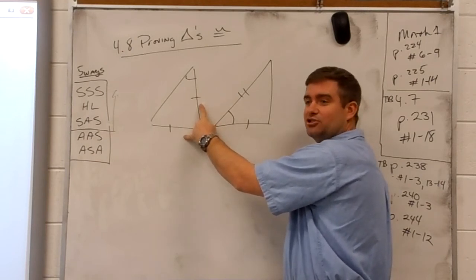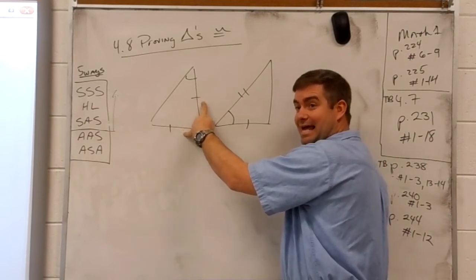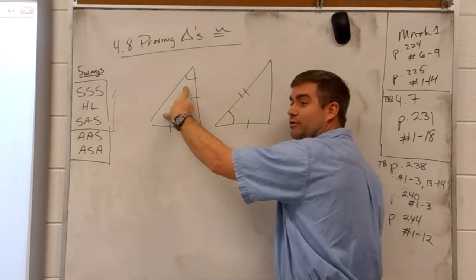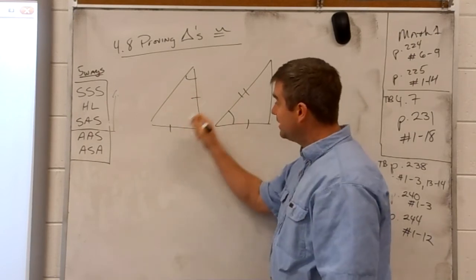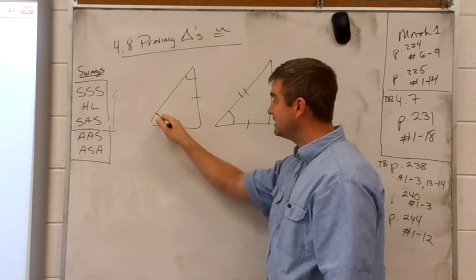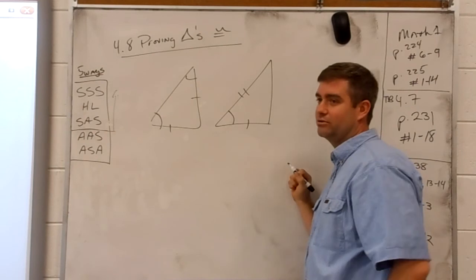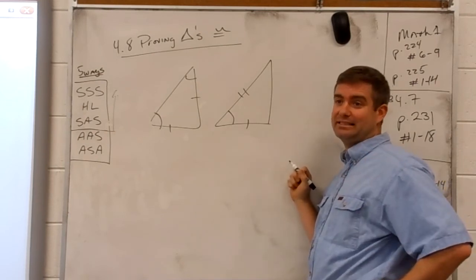Isosceles. In every isosceles triangle, these legs are congruent, and what else is congruent? These base angles. So because they told you that that side and that side are congruent, you know that this angle and this angle are congruent. Okay? That's something that you may or may not have known about isosceles triangles.